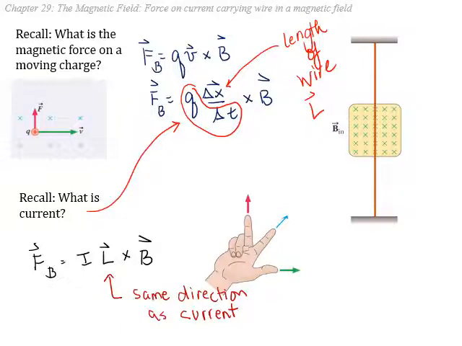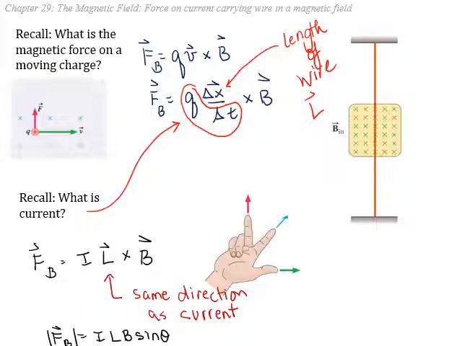You can do this either by using your right-hand rule or by using your equation for cross products, or you can do magnitude and direction. The magnitude of the magnetic force would be the magnitude of current times the magnitude of the length times the magnitude of B times sine of the angle between L and B.